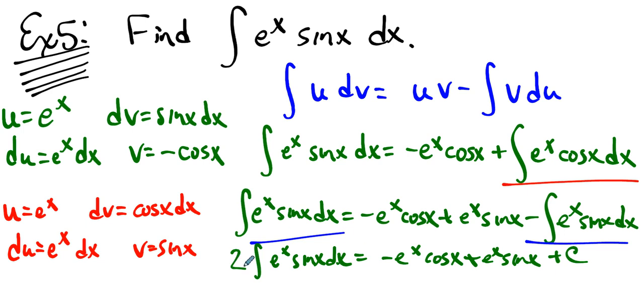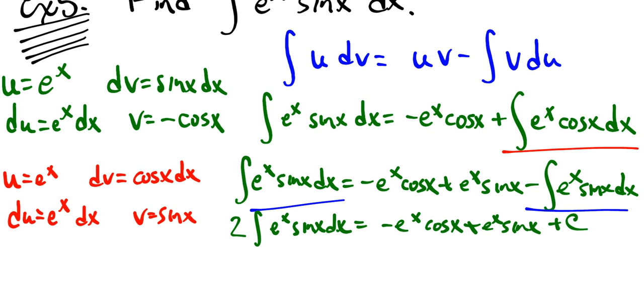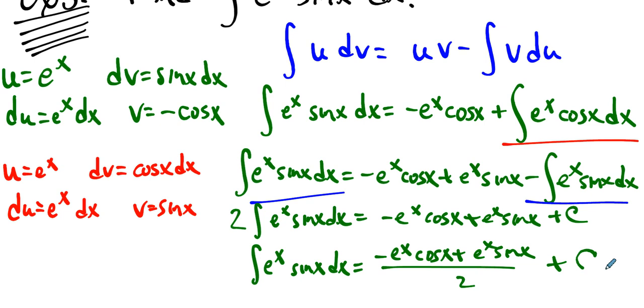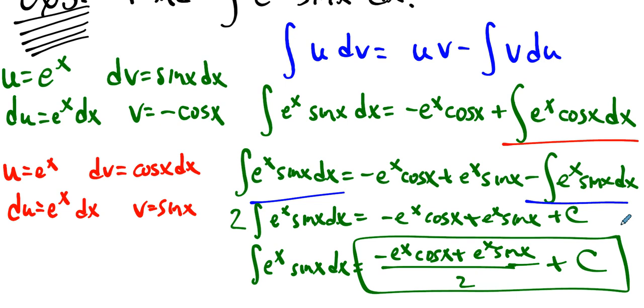So when we're looking for one integral of e to the x sine x dx, that's half as much as what you see. It's half of this plus some arbitrary constant. That's about as complicated as it'll get.